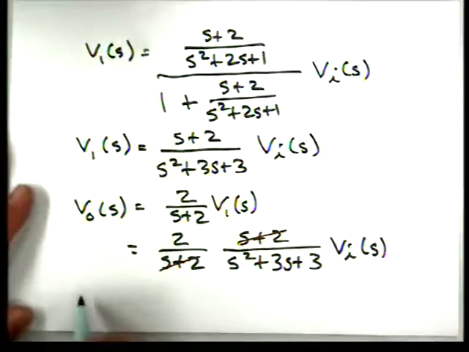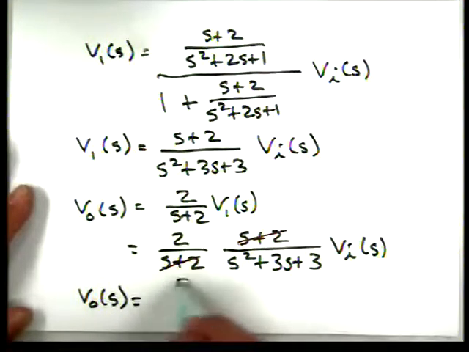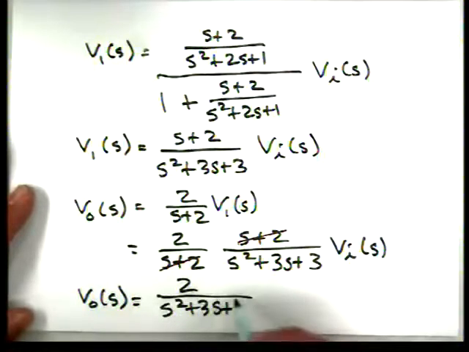So now we're left with V0 of S is 2 over S squared plus 3S plus 3 times VI.